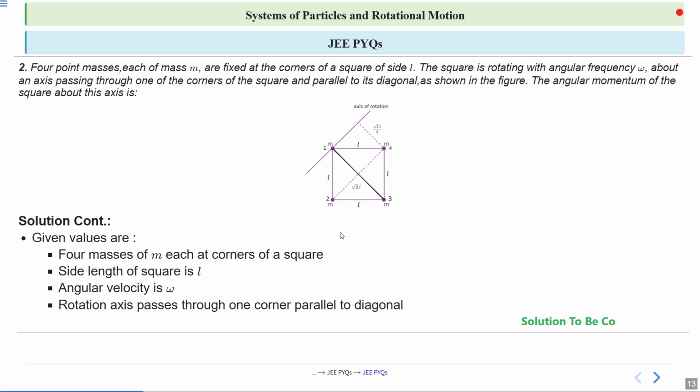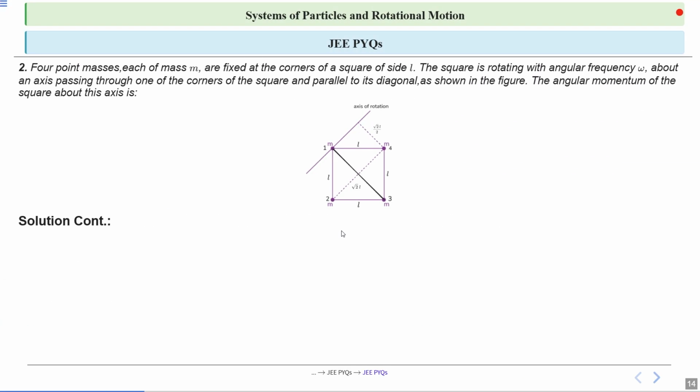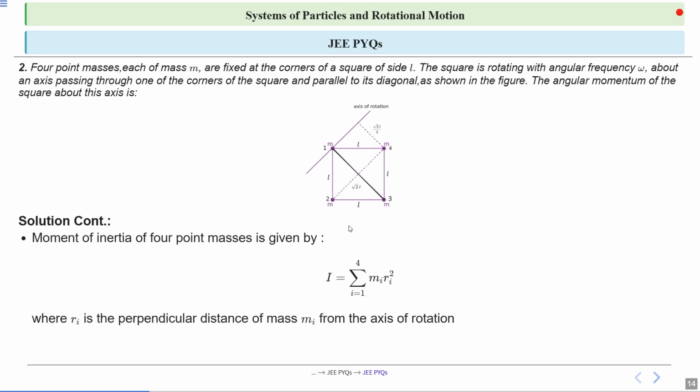Now, the moment of inertia of 4 point masses is given by I equal to summation i equal to 1 to 4 of m_i r_i square, where r_i is the perpendicular distance of mass m_i from the axis of rotation. Here the axis of rotation is this one.